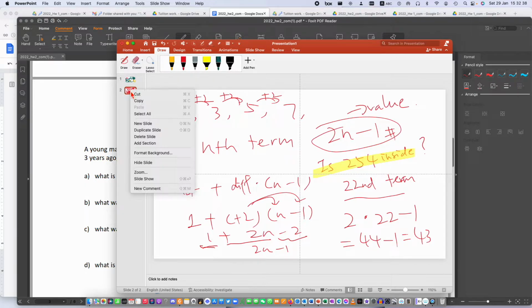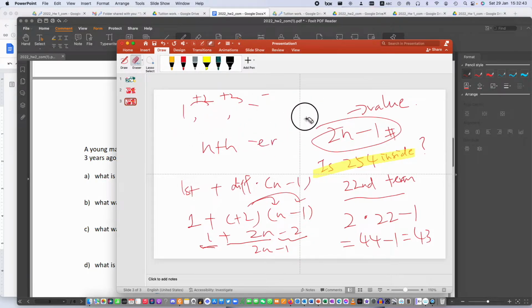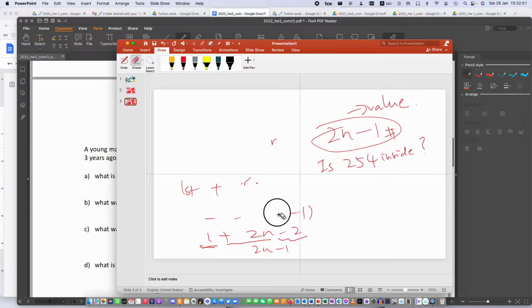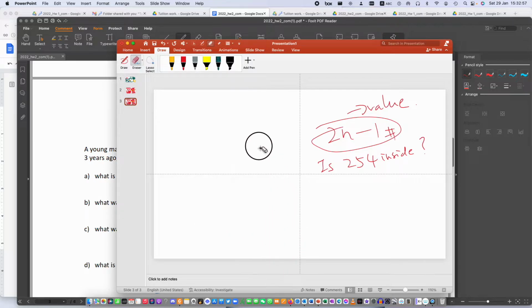What do you think, given 2n minus 1? You just need to find n. So see if your n is a decimal. So now what you do is 2n minus 1 equals 254. So how do you find n? Continue. No, do it.